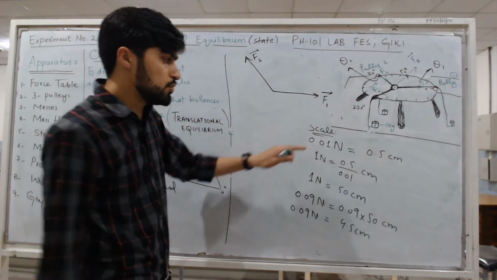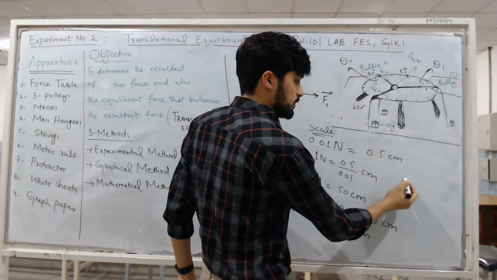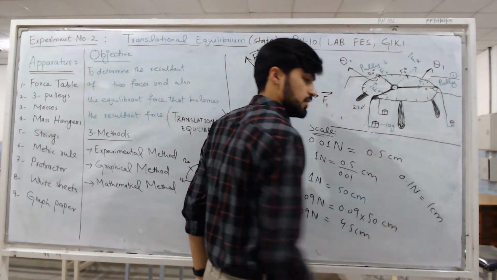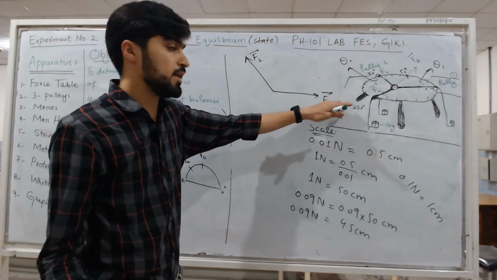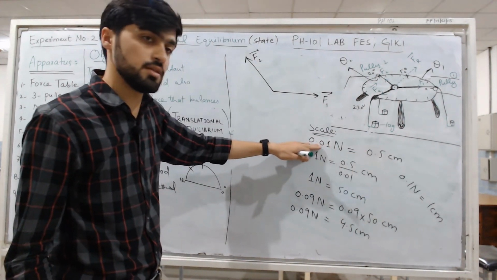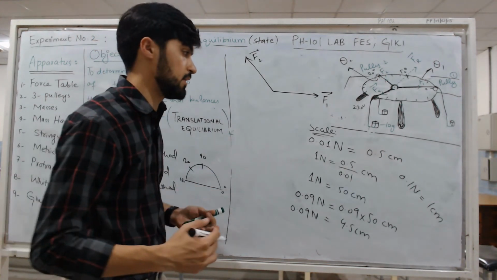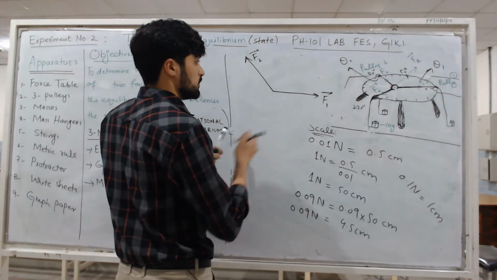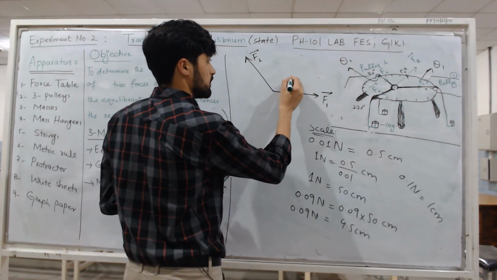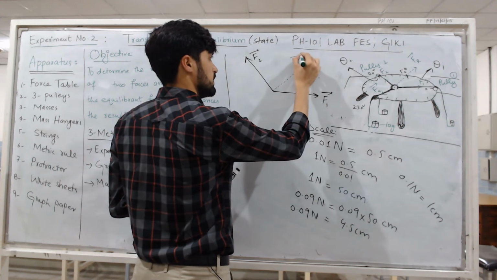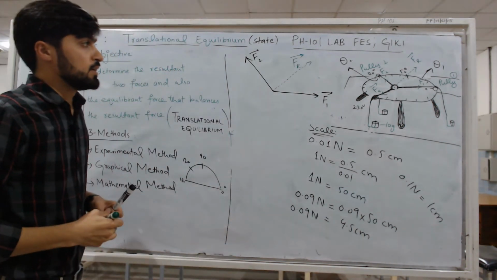If you are not using this way, you can use, let's say, 0.1 Newton equal to 1 centimeter. It depends on what the value of the force is. Maybe you are using this one, maybe some other scale. So the magnitude of the resultant of these two forces will be here. This is the resultant, right?